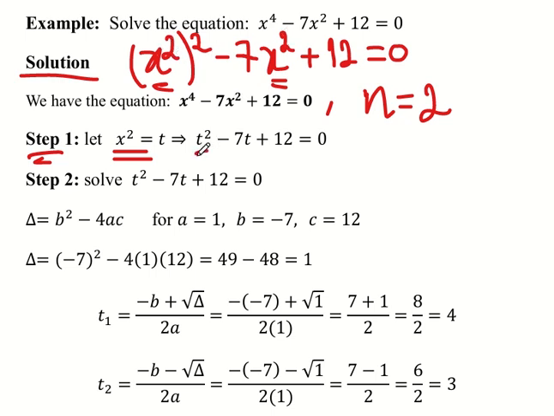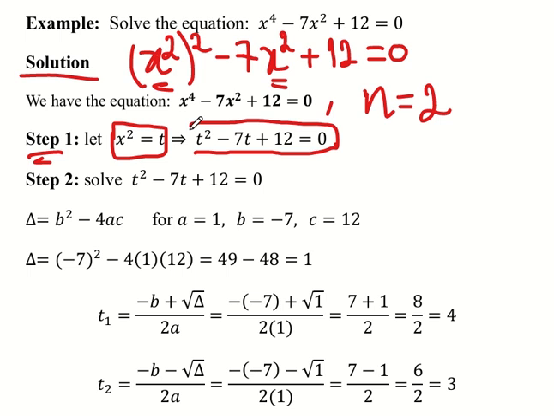This gives t squared minus 7t, because t is x squared, plus 12 equals 0. So in step number 1, we let x squared equal t, and this gives a quadratic equation: t squared minus 7t plus 12 equals 0.